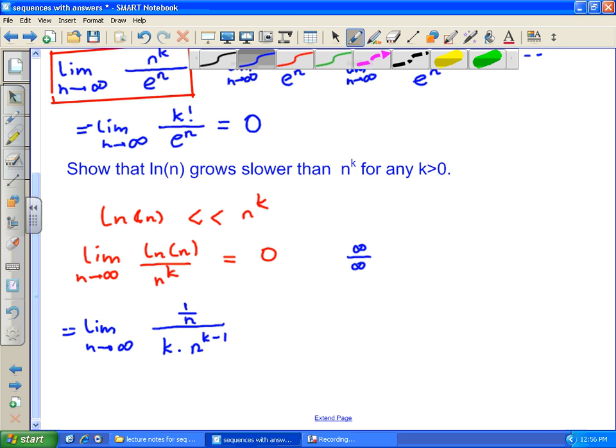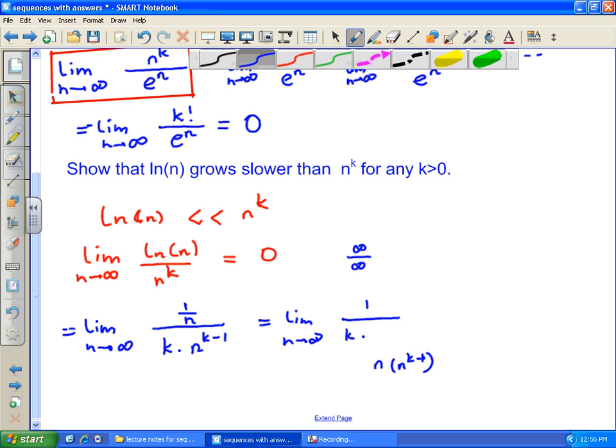Now let's simplify this a little bit. I'm going to bring that 1 over n to the bottom. So now I have the limit as n goes to infinity of 1 over k times n times n to the k minus 1. I brought this n down, the n that was on the top. How can you simplify n times n to the k minus 1?